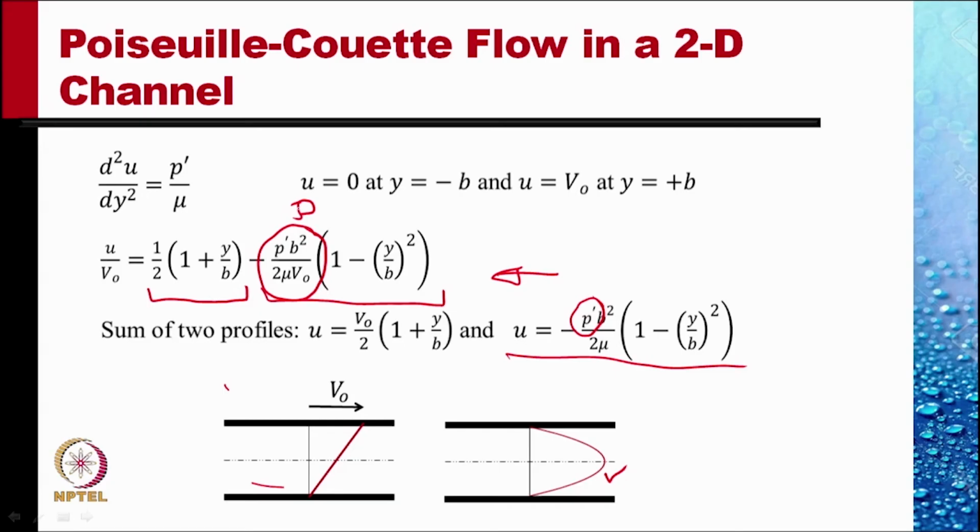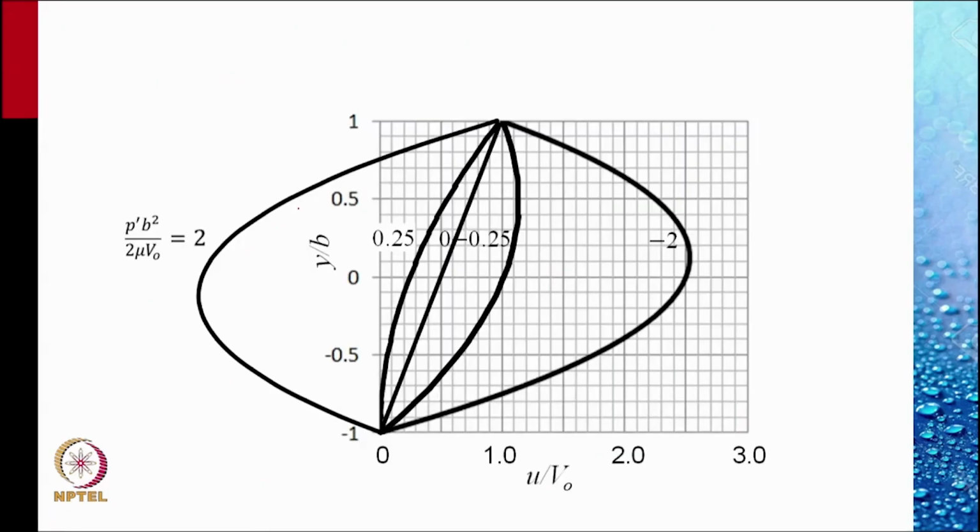The profile with a linear flow is called the Couette profile, and the parabolic profile is known as the Poiseuille profile because of the pressure gradient. For different values of script P, we can plot the various curves.